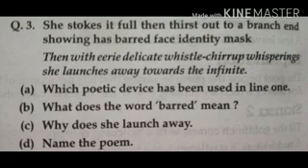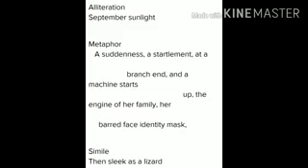Simile he has used in the line, then sleek as a lizard. And metaphor also: a suddenness, a startlement at a branch end and a machine starts. The engine of her family, here he has used a metaphor. And her bird-faced identity mask, here also he has used metaphor.